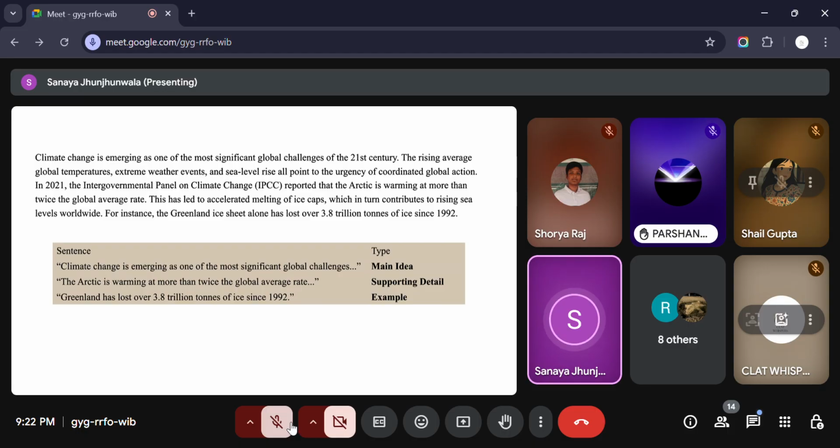Just see this: reported that the Arctic is warming at more than twice the global average rate. This has led to accelerated melting of ice caps. So this paragraph can be part of a bigger passage. So maybe within a passage, to emphasize an argument, the author uses 'therefore, the actions of humans are causing melting of ice caps in Greenland', like that, okay. But it can also be used in a conclusion as well.